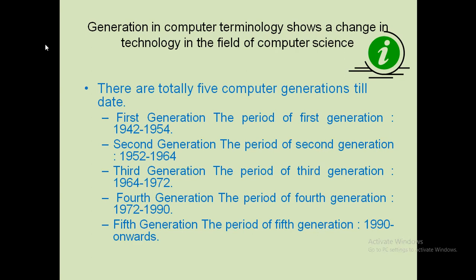The period of the first generation is 1942 to 1954, and the second generation period is 1952 to 1964. The period of the third generation is 1964 to 1972, and the fourth generation is 1972 to 1990, and the current generation in which we are working is known as the fifth generation.